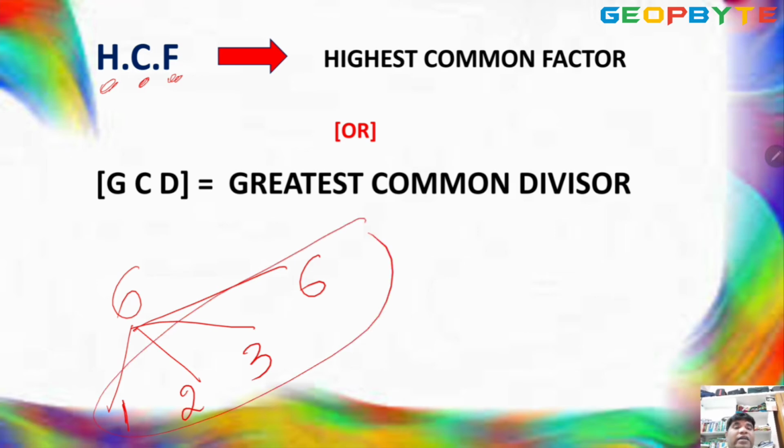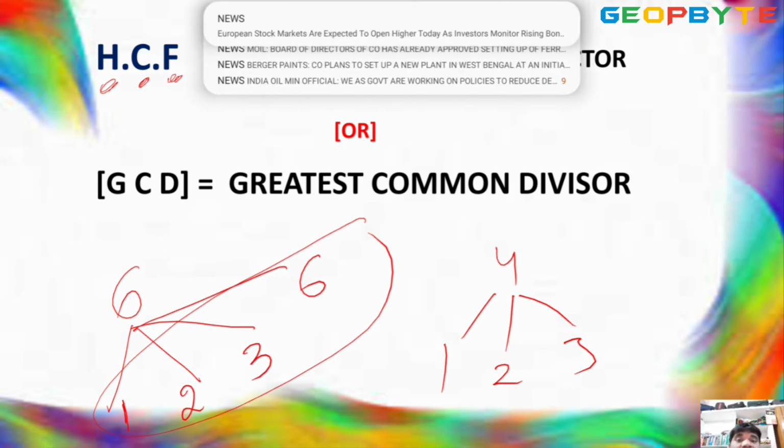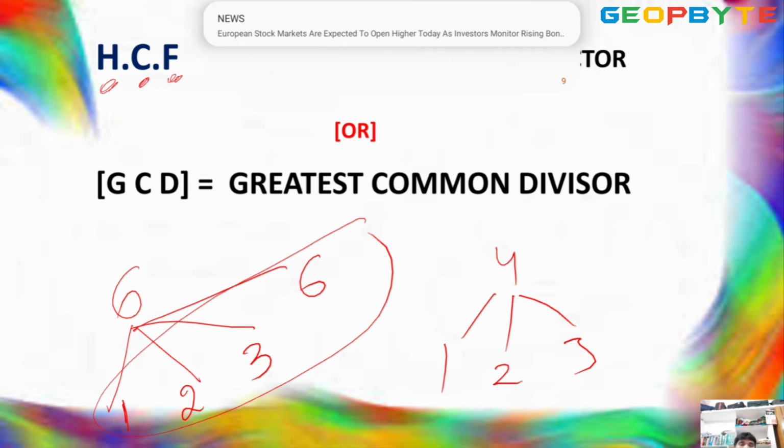These are called factors. Suppose you take 4: 4 divided by 1, 4 divided by 2. 1 is always a divisor of any number, 1 and itself are common factors of any number.